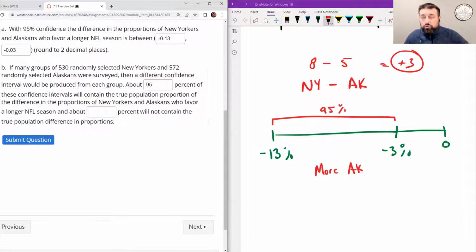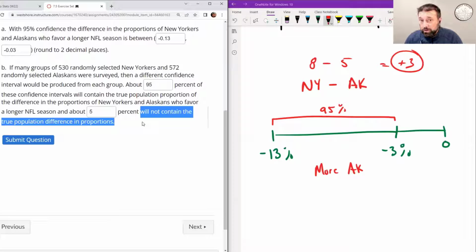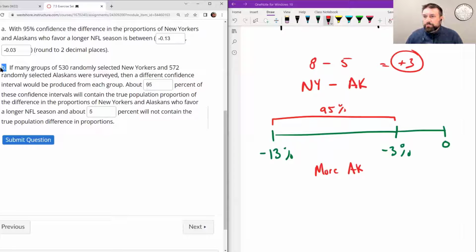And if you did another group of 530 and another group of 530, you'd expect about 95% to land in our interval. And you would expect about 5% not contained within our interval. And so that's what they're asking in question B, is making sure that you understand what in the world it is you found. And we've talked about this before.